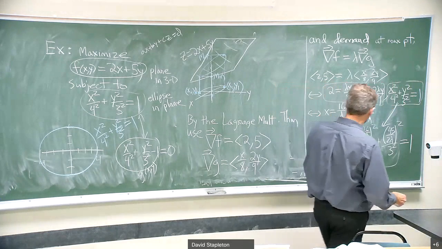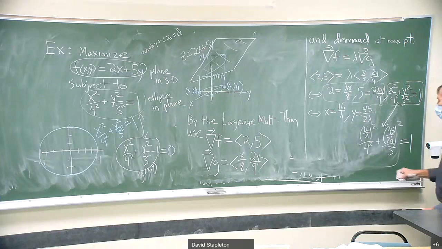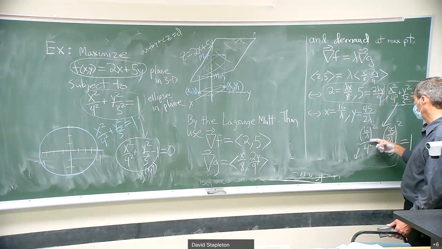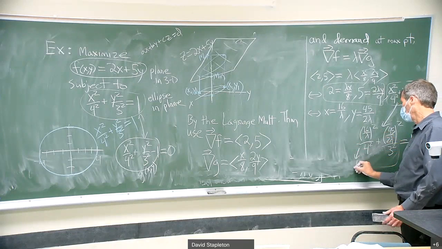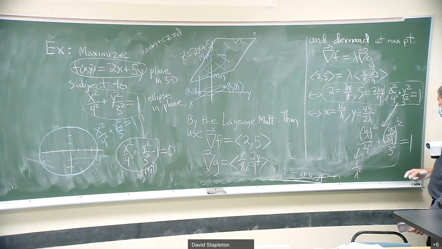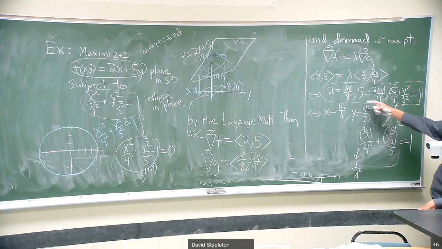Boy, I need some room here. Well, now this one says the 16s cancel and you just get 1 over lambda squared on this one. But on this one, you're not so lucky. Some of it cancels. The 45 over 9 is 5. Oops, wait, it's 45, not 45 squared. Wait a minute, is that right? x equals 16 over lambda.